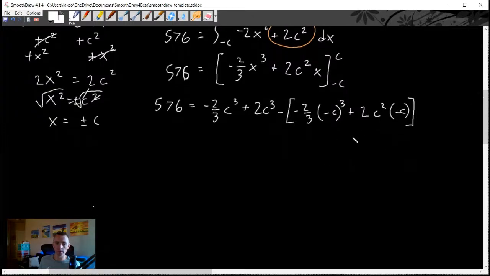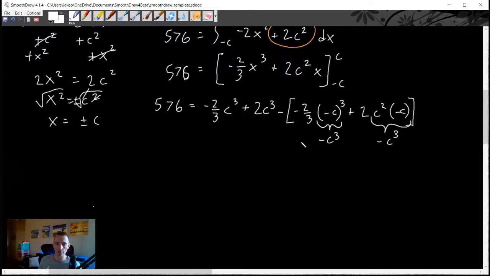First of all, negative c cubed is going to be just negative c cubed. Cubing the negative sign is going to keep it negative, and then cubing the c is going to make c cubed. Similarly over here, this c squared times negative c is also going to give us negative c cubed.